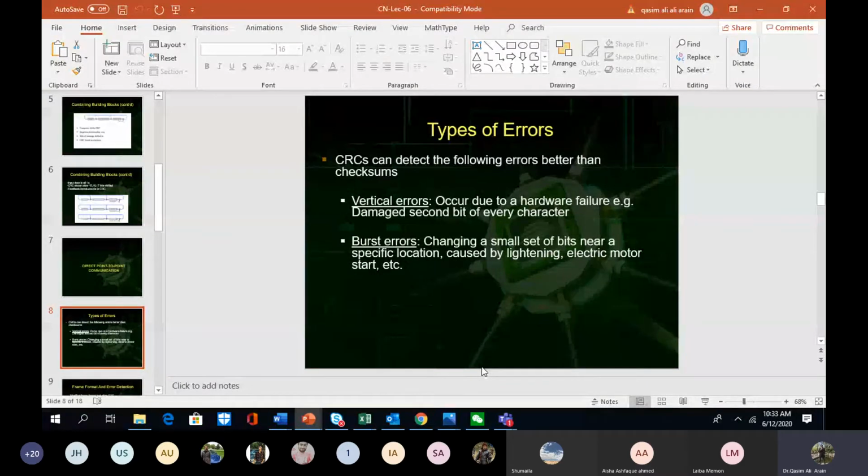So that is why vertically, so that is why they are being called vertical errors. I mean it occurs due to hardware failure, or only the first 2 bits of that particular byte are going to be modified or contain a certain sort of error.